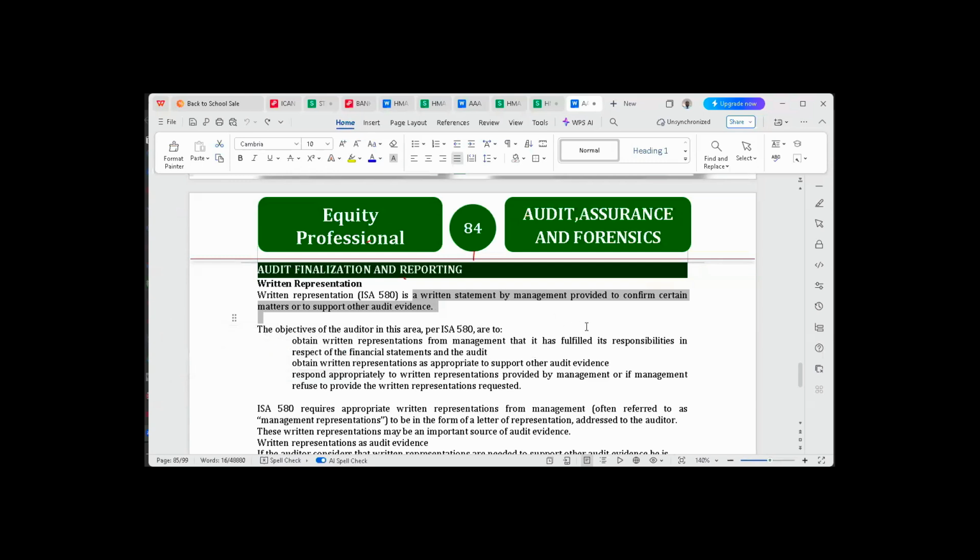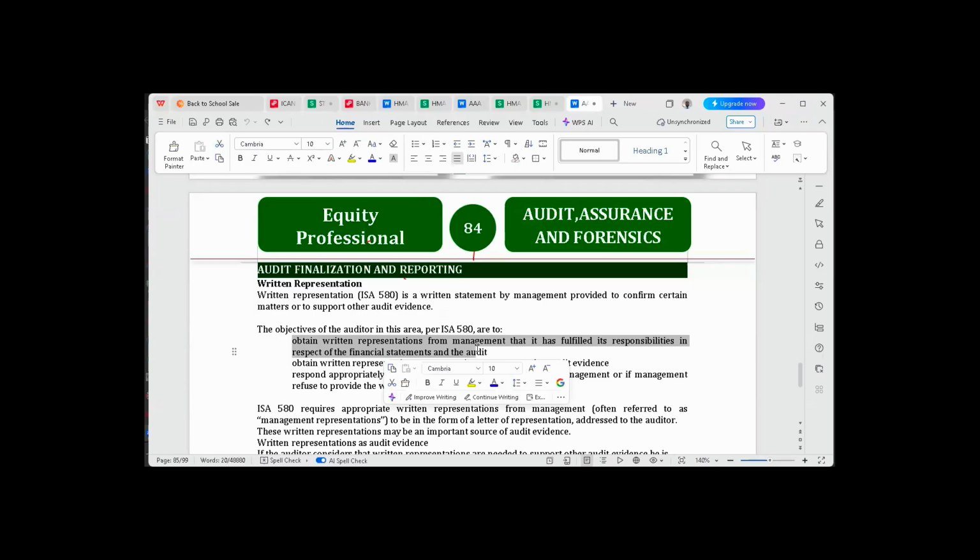What are the objectives of the auditor as regards written representation? Number one, obtain written representation from management that it has fulfilled its responsibility in respect of the financial statements and the audit.